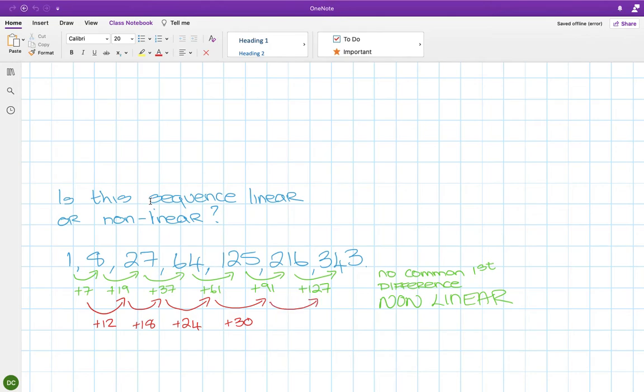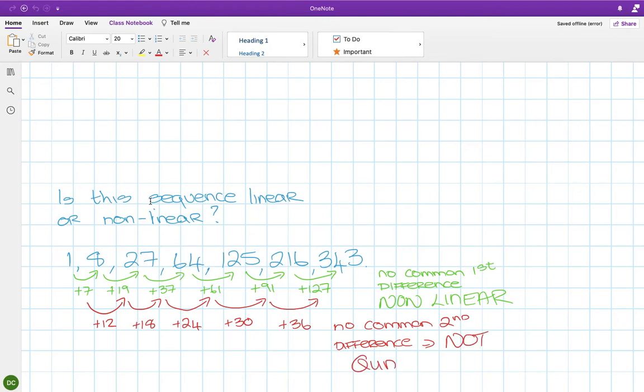And 91 to 127 is 36. So we have no common second difference. So it may be nonlinear, but it is not quadratic.